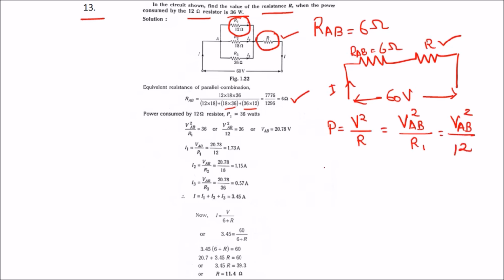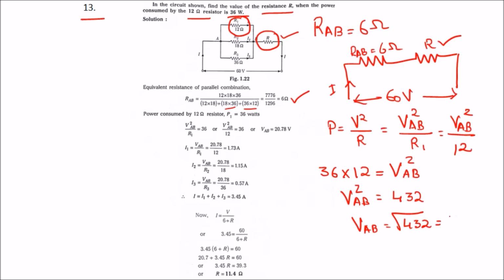So power is 36, so 36 into 12 is equal to VAB square. VAB square is 432. Now VAB will be the square root of 432, that is 20.78 volts.